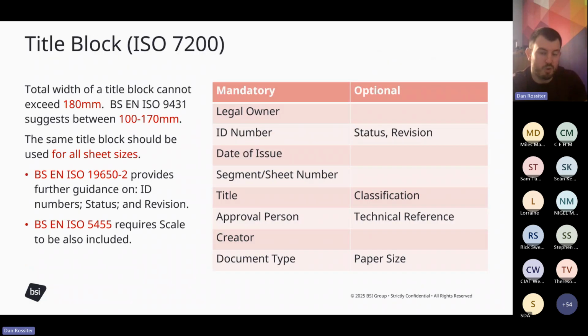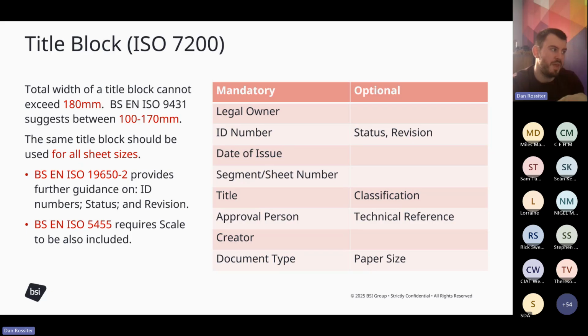Now, we have a border, we could do with a title block. If we want to talk about title blocks, we should go to somewhere like ISO 7200. That one is specifically about drawing borders, title blocks and document headers. So you can use this for specifications as well as drawings. What it has is a series of mandatory and optional fields that you might want to use.